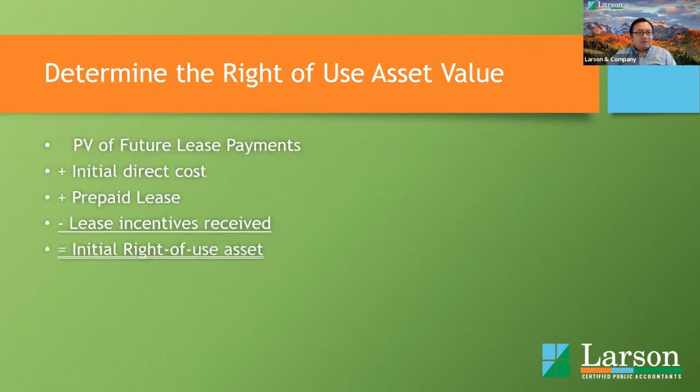So one of the key things that we need to figure out is to determine the right of use asset value. The formula for that is the present value of the future lease payments, plus any initial direct costs, plus any prepaid lease, minus any lease incentives received, which gives the initial right of use asset.